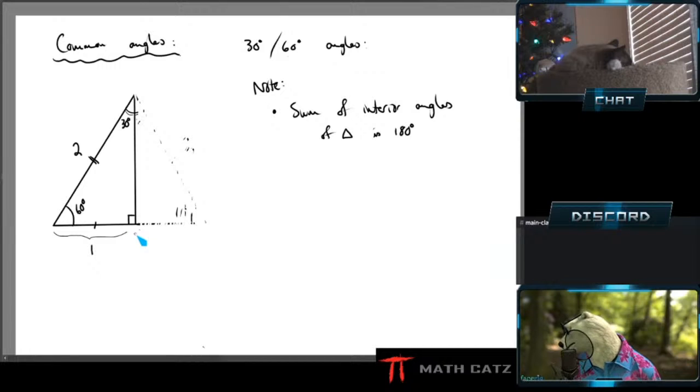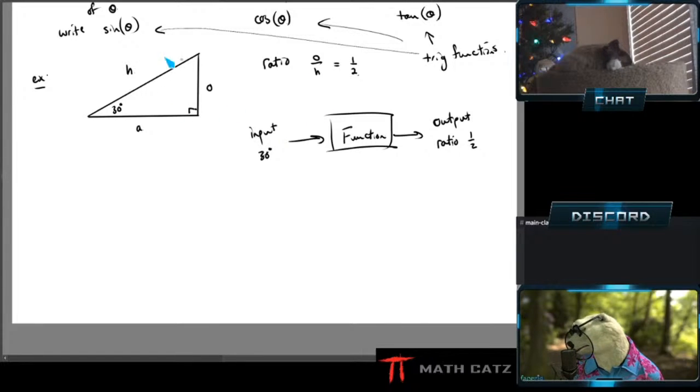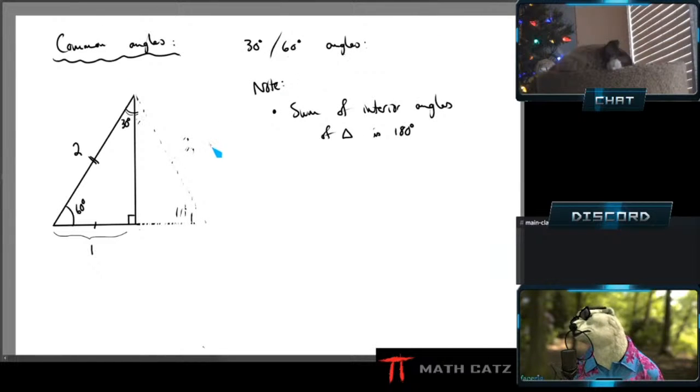And one of the perpendicular sides is a 1 length. Because remember, I don't care what they are. I only care about the ratio. So I can pick comfortable lengths to make my job a little easier. The problem is I don't know what this other perpendicular side length is.